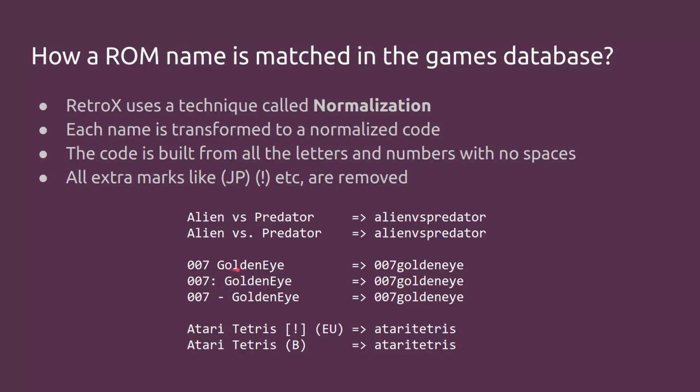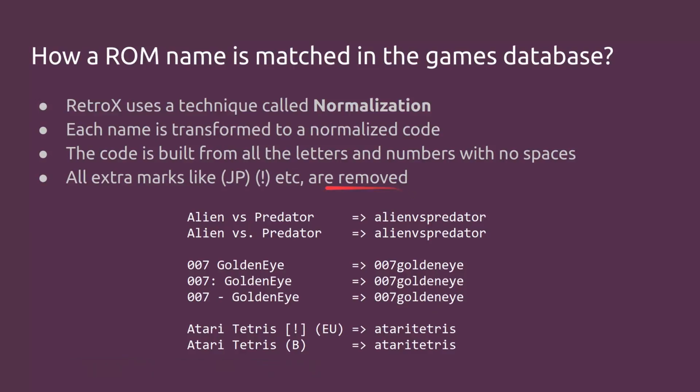Also the spaces and the uppercase letters. Here is another example where the game has these marks. You can find a lot of games having this kind of marks, and these are removed. So in this case, this game is identified by the code Atari Tetris and nothing else.